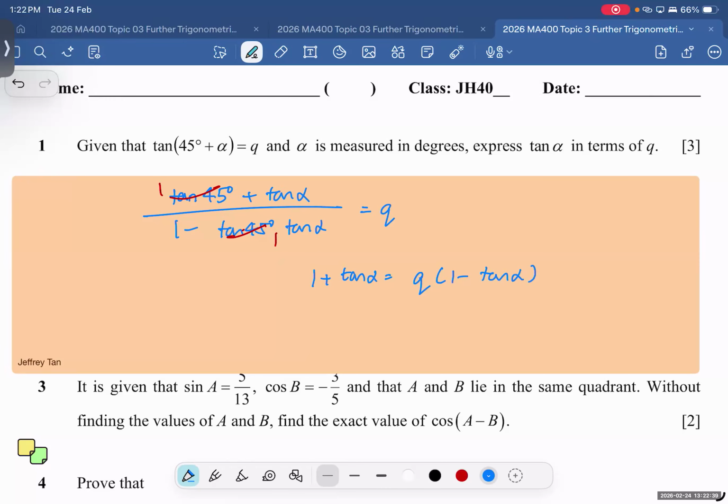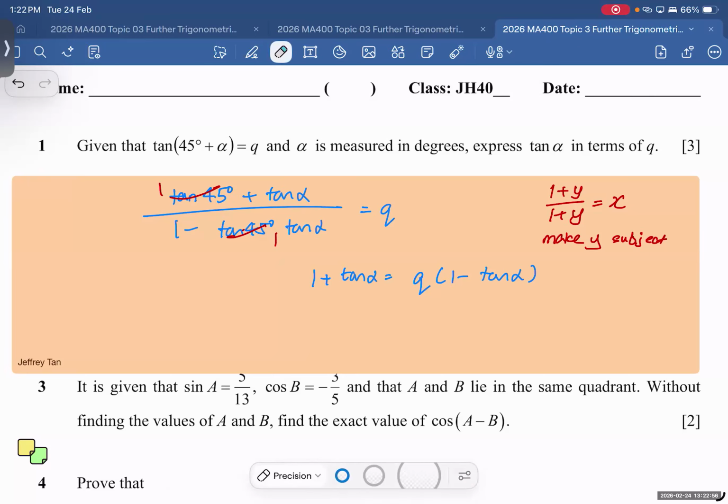Now this is like a JH2 question. Jayden, Lloyd and Wei Xiang, I have something like this: I want to make Y the subject. Would you be able to do it? 1 plus Y equals X over 1 minus Y. What would you have done? 1 plus Y bracket 1 minus Y. 1 plus Y is the same as X minus XY.